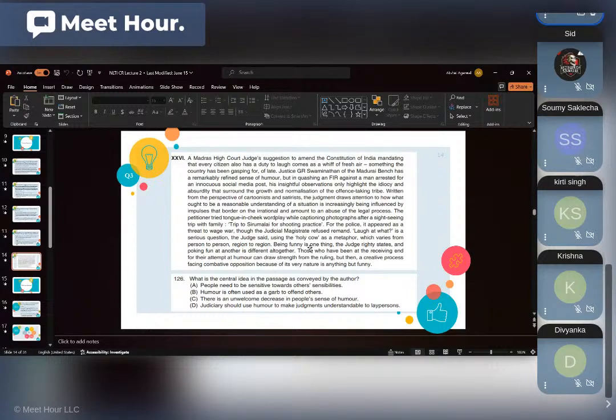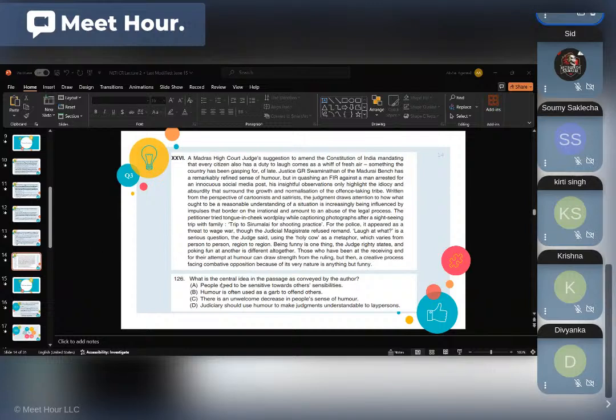But what do you think is the correct answer? Okay, so Krishna thinks that it's option C.